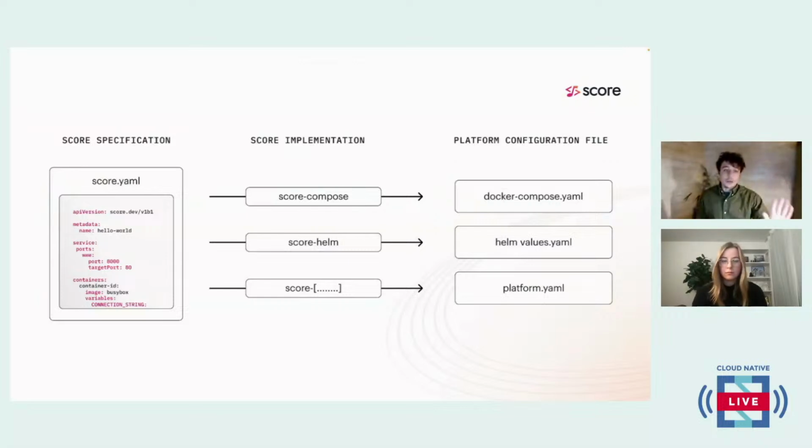So you have this single SCORE specification, you run it against an implementation and it spits out a platform-specific configuration file, okay? So I could be deploying to multiple technologies, multiple types of platforms, but I need to write one file and I don't have to care about all of the pieces of configuration or the nuances of each platform's configuration.